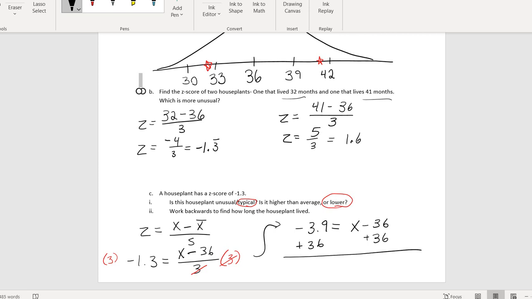And what we're going to get when we do that is we are going to get roughly 32.1. Which we could have expected since that's this part of the problem.